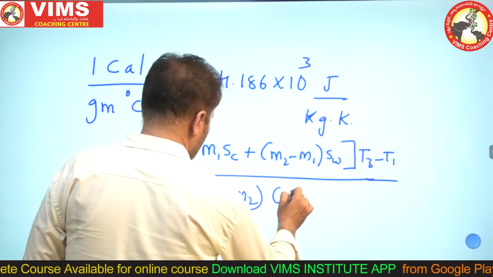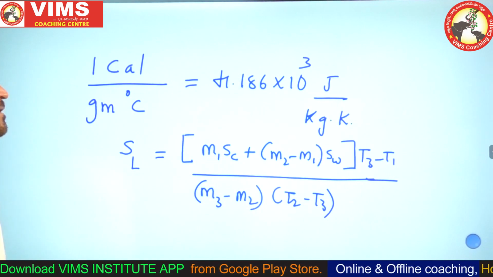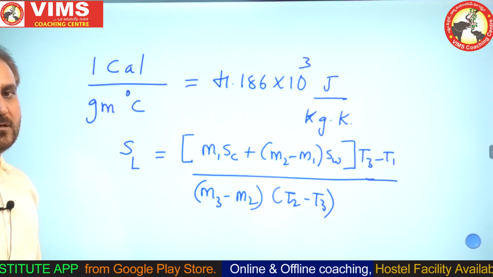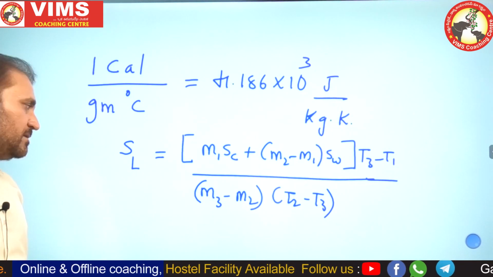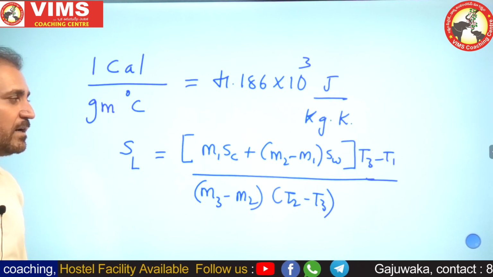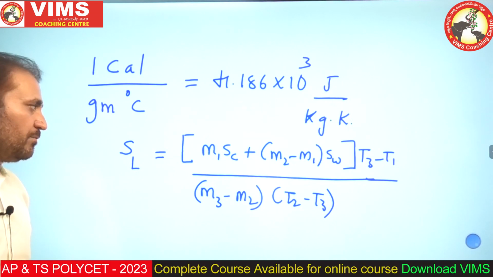This will be the formula to find the specific heat of a solid substance, lead shot particularly. This is a 10th standard derivation for 8 marks in your SSC exams, most important, but we don't need to read the derivation. We need to only keep this formula in our brain.